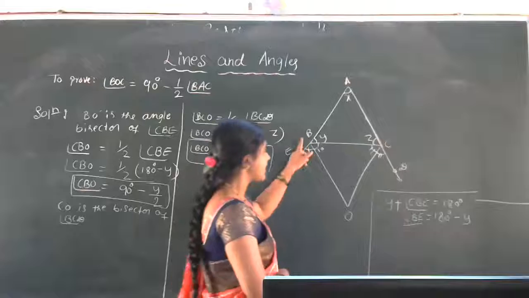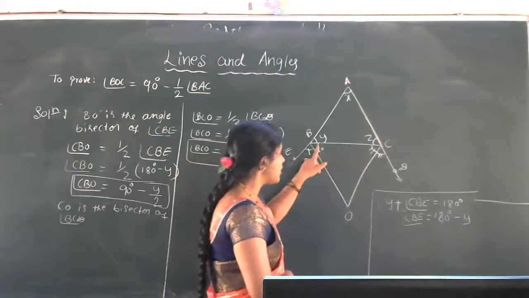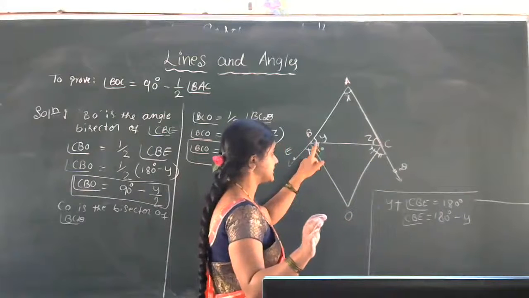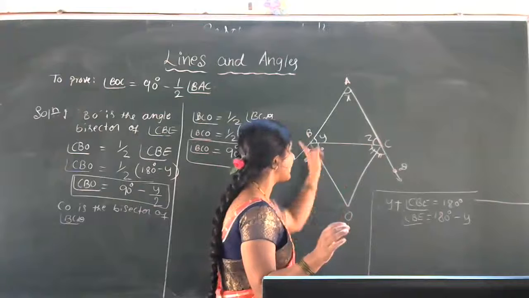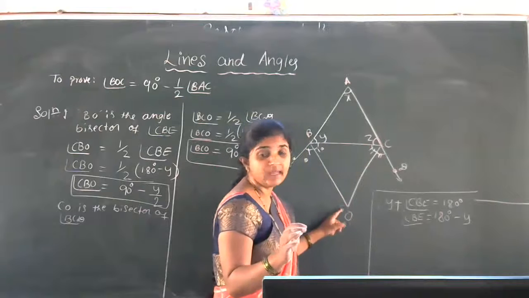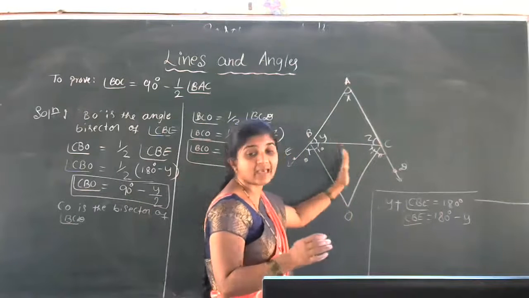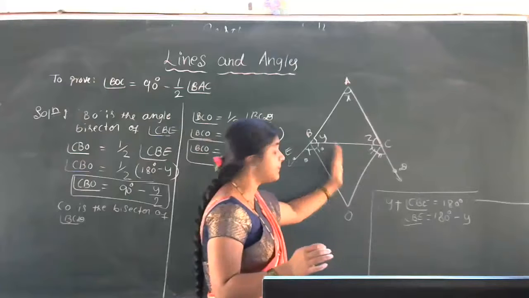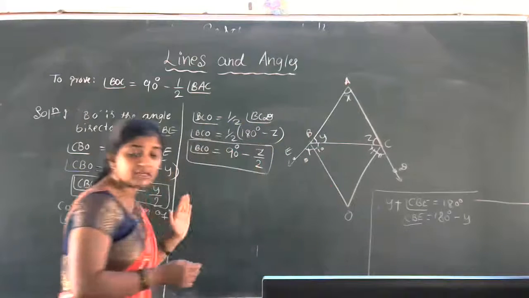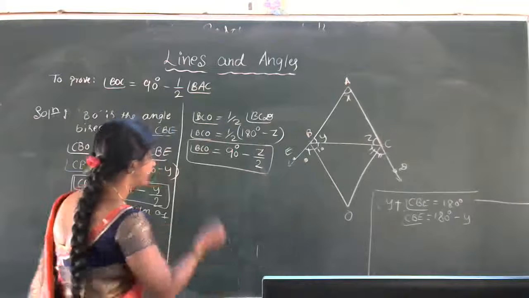So in the triangle BOC, I got the measurements of angle CBO and angle BCO. Now we have to apply the angle sum property for this triangle BOC. Can we take the angle sum property of a triangle? Yes.